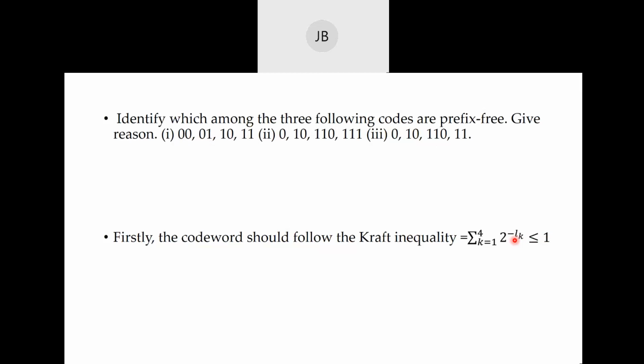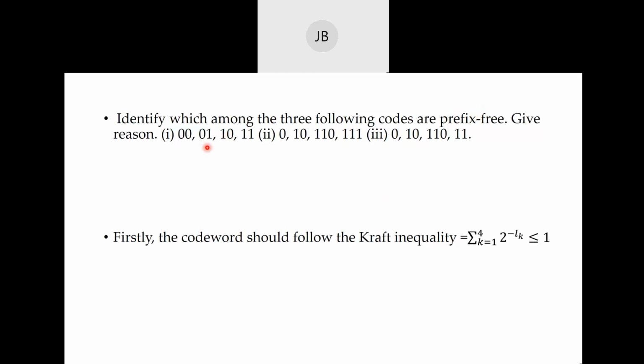So 2 power minus 2 plus 2 power minus 2, plus 2 power minus 2 plus 2 power minus 2. When we sum up those 4 terms, that can be 1 or less than 1. Then such a code will exhibit the property of prefix free. Prefix free codes have the advantage that they can be easily decoded.